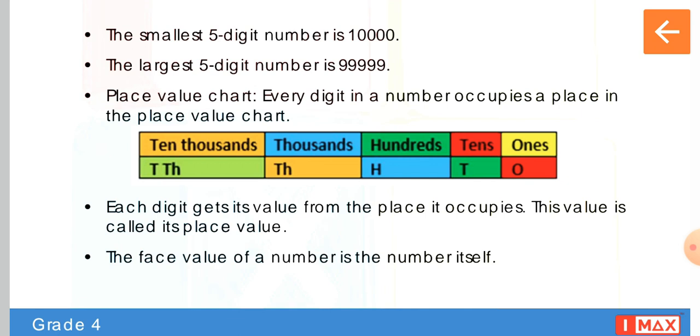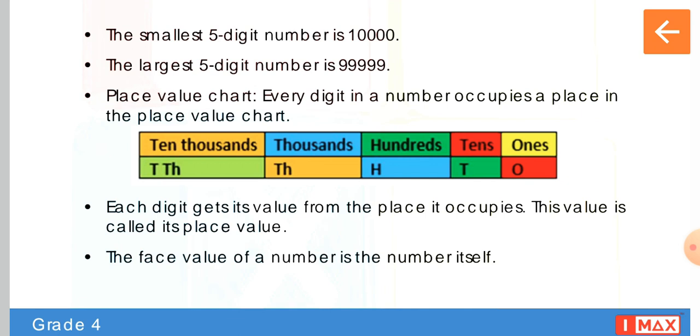Don't forget, each digit gets its value from the place it occupies. So you should multiply the digit by the place where it belongs in the place value chart, then you will get the place value. Clear, children?